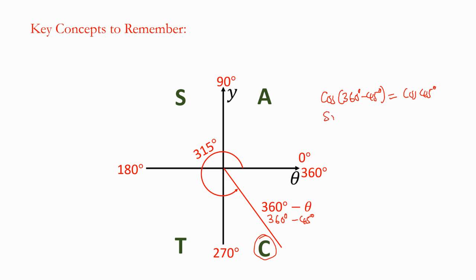If it is sine 360 degrees minus 45 degrees, sine in the fourth quadrant is negative, so it's going to be negative sine 45 degrees. And then if it is tan 360 degrees minus 45 degrees, it is equal to negative tan 45 degrees. You see that? Okay, right.